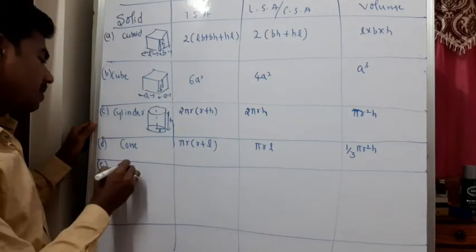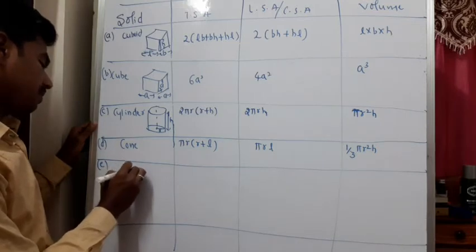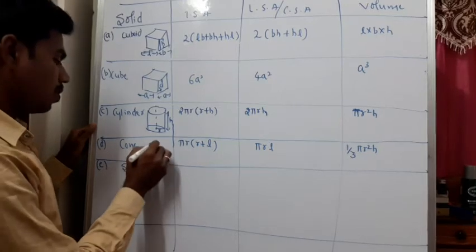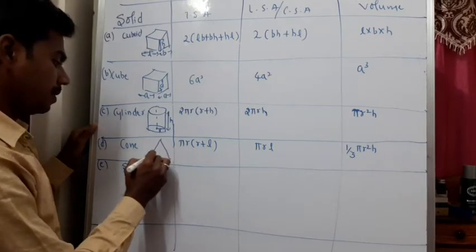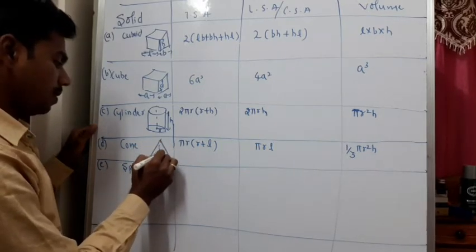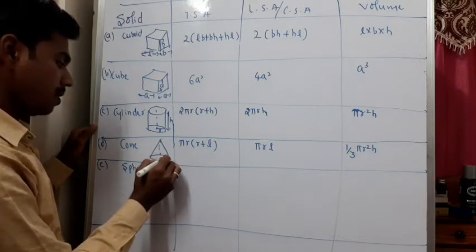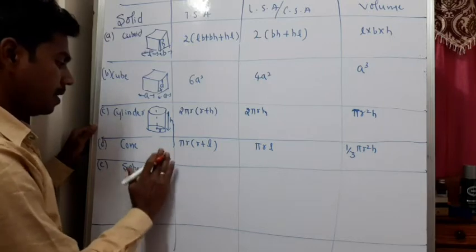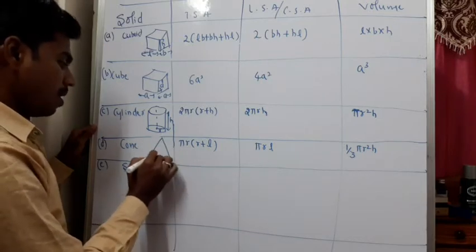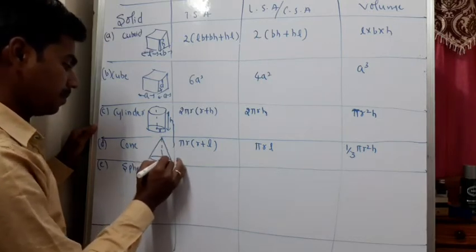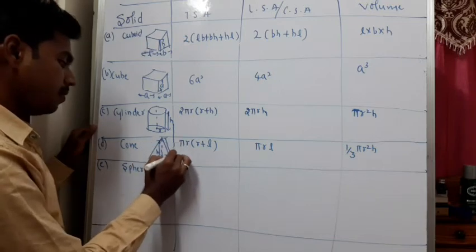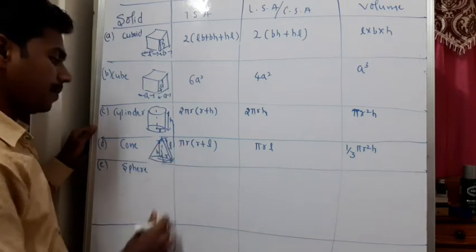Next one will be the sphere. In case of a right circular cone, this will be R, this will be H, and this will be slant height L.